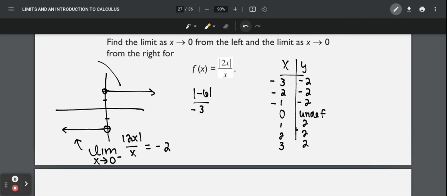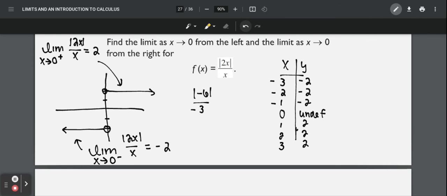If we were looking at this part of the graph right here, though, we would say the limit as x approaches 0 from the right of the absolute value of 2x over x, that would be +2, because we're approaching a different value.